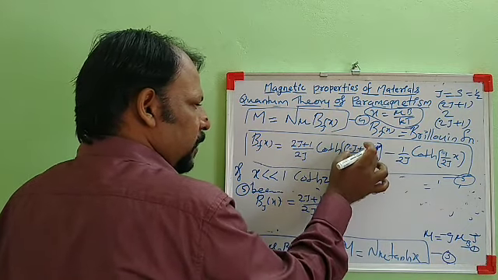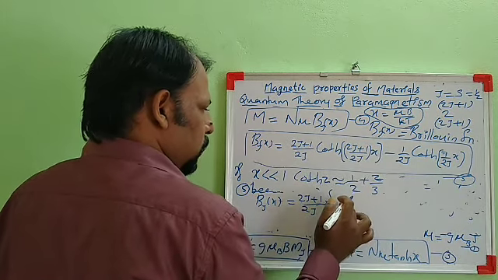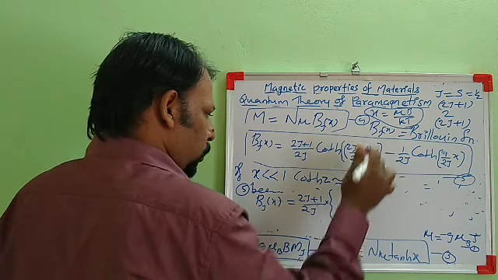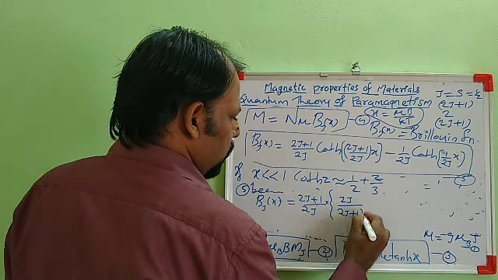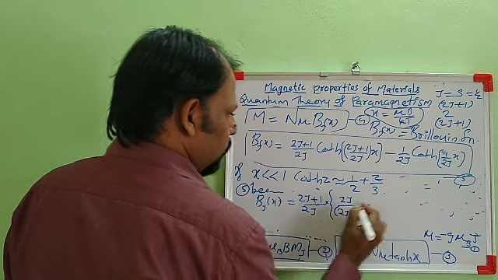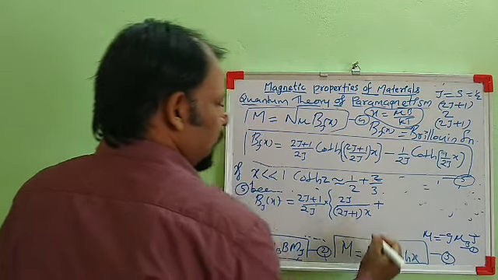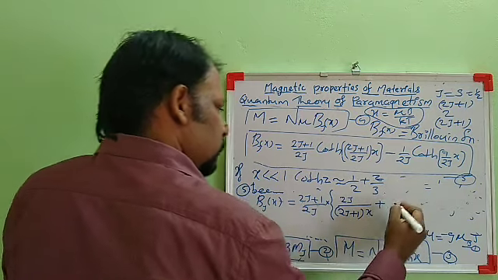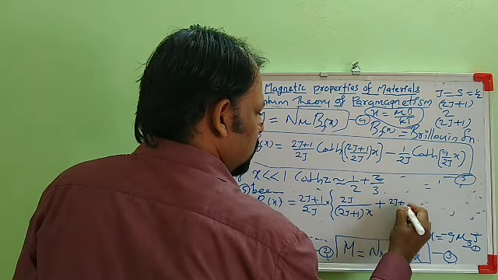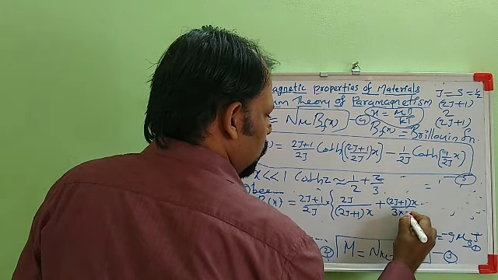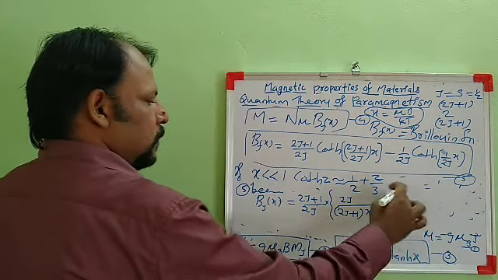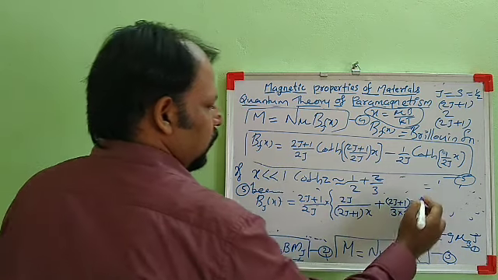Instead of z, here we are having (2J plus 1)/2J into x. So 1/z, the reciprocal of this one, that is 2J/(2J plus 1) into x, plus z/3. z is this one, so (2J plus 1)x/(3 into 2J). This is z/3.